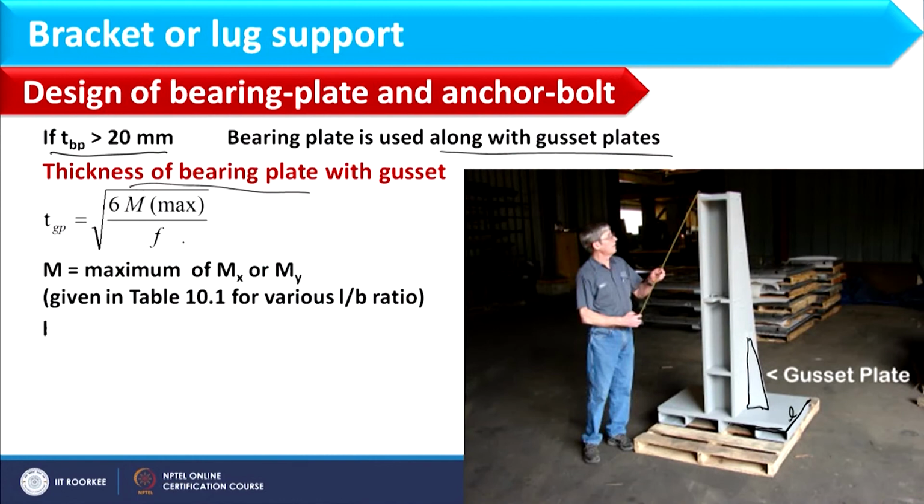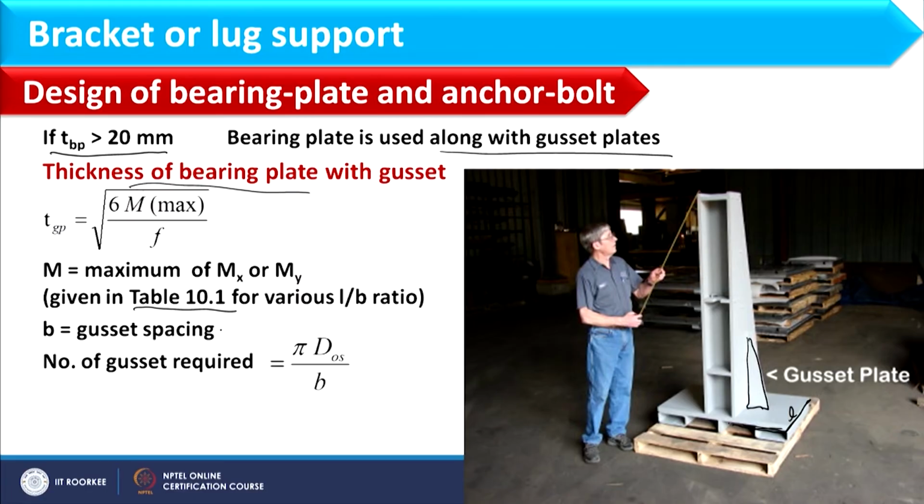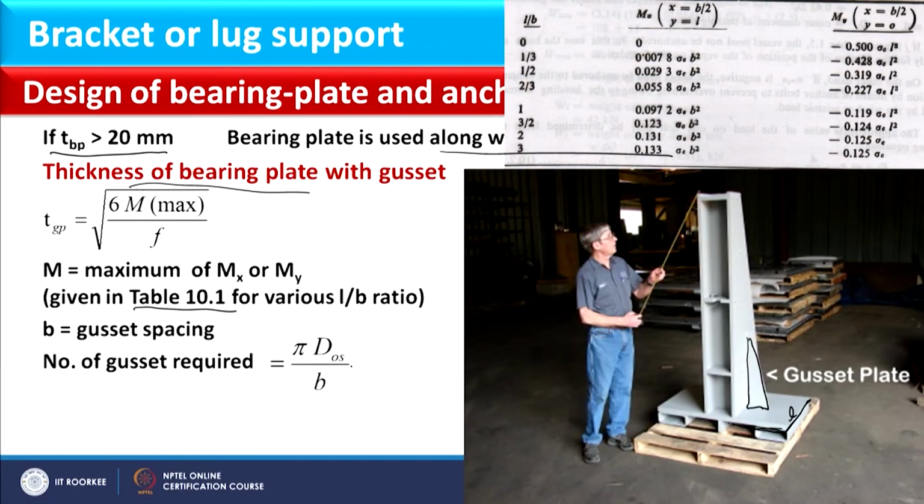So, M is the maximum of Mx or My, that is given in table 10.1 that I will show, but this table is given in book B.C. Bhattacharya, and B is the gusset spacing. So, once I know the gusset spacing, I can calculate number of gussets, pi DOS by B. And this is the table, table 10.1, where I am having L by B and Mx and My.